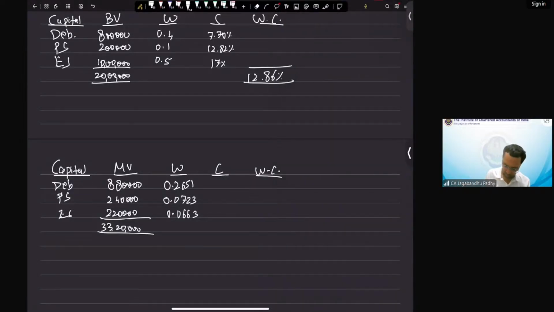Then the cost is 7.7%, 12.82%, 17%, and then you take the weighted average. So under this, weighted average is 14.23%.